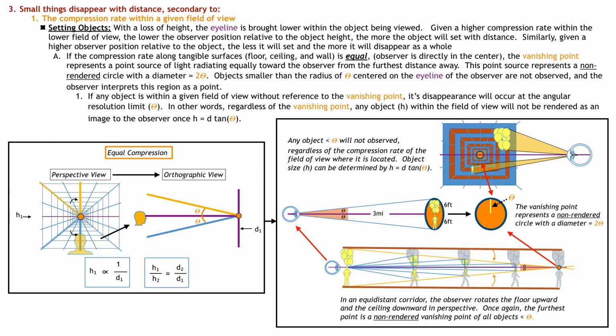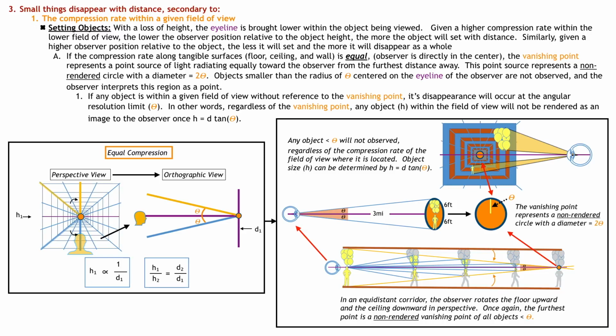And in the orthographic view, if we were to rotate to a side view, we would be viewing angles down or extending away to us from a distant point of theta above the eye line and theta below, such that the radius of that circle could be derived as theta. And so within this point of view, we would note that the height is inversely proportional to the distance for any particular object, or summarized, h1 over h2 equals d2 over d1.